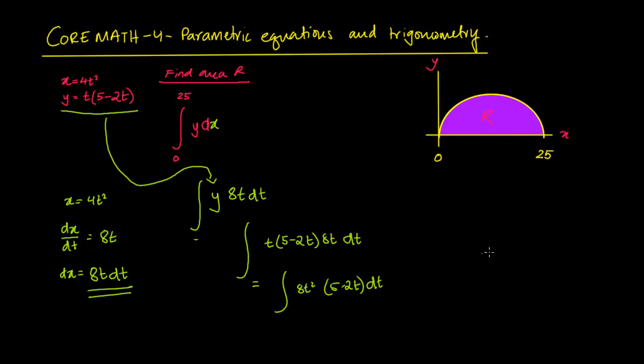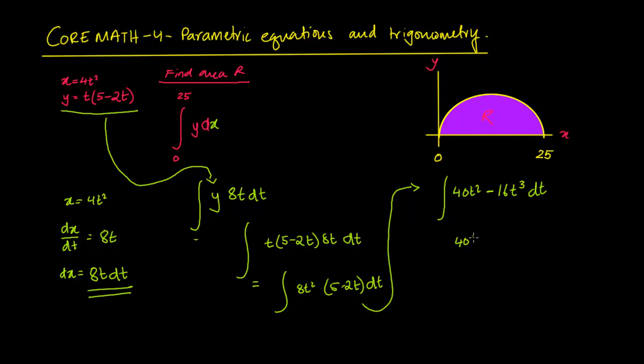Now just moving on to here, the integral of 40t squared minus 16t cubed dt. Now we just do the integration and we'll come to this.